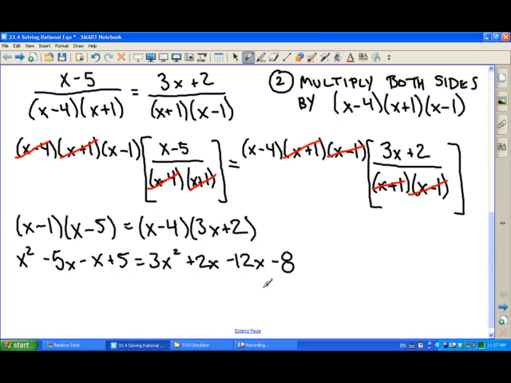If I'm trying to solve, I need to bring everything to one side of the equal sign since this is now a quadratic. So bringing everything to the right-hand side of the equal sign, I get 2x squared minus 4x minus 13.